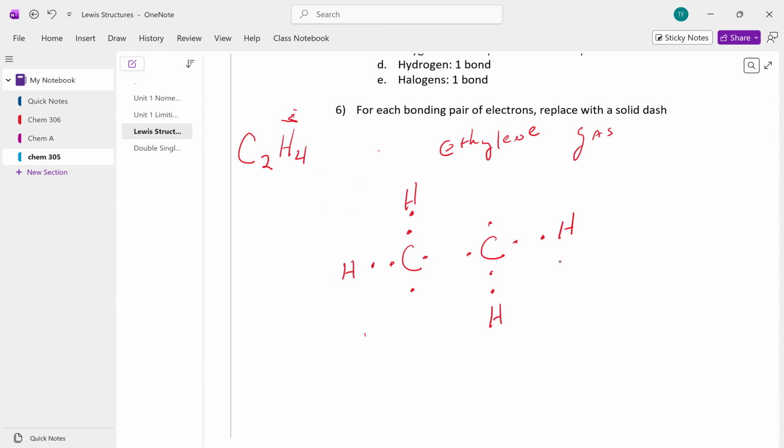Okay, so step number 2 is to connect everything with one shared orbit or bond. So that's 1. That's 1. That's 1. Okay, step number 3 is, are there any non-bonded singletons? Yes, there's 2. Exactly.